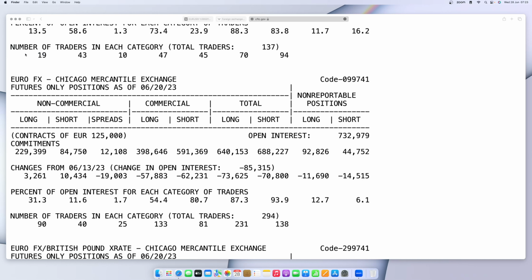So now under this, we have the non-commercials and the commercials, and then we have total and non-reportable positions, right? Under the non-commercials, you can also see long, short, spread.